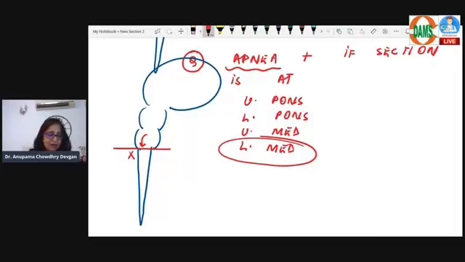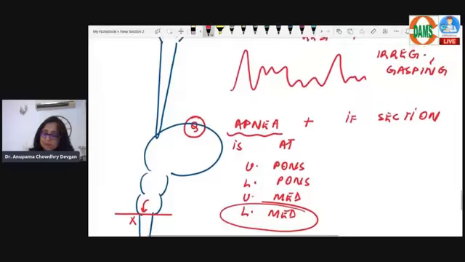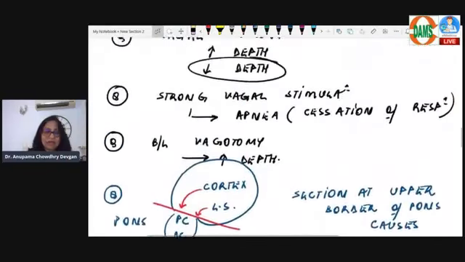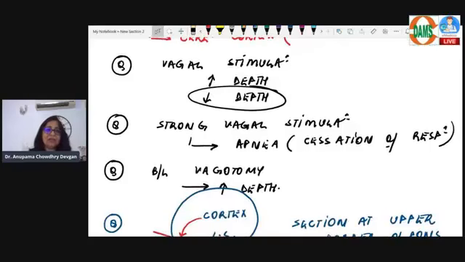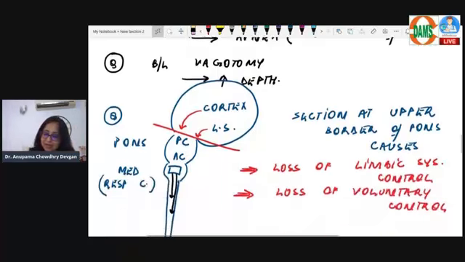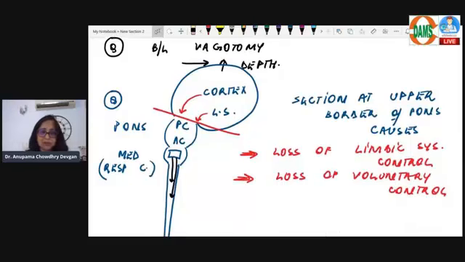So let's have a look at this once again, at these neural controls and what the questions are. Vagal stimulation: if I stimulate the vagus, there is a reduction in the depth, right? Strong vagal stimulation causes a cessation of it; inspiration is inhibited to such an extent that it stops. Bilateral vagotomy will increase the depth of inspiration.